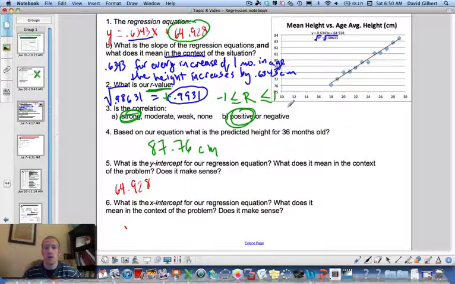So if we were to continue that all the way back to x equals 0, since we have age and height, when the age is 0, that would be like when it's born, right? So that's what it stands for in the context of this problem: at age 0, or when it's born, what is its initial height?